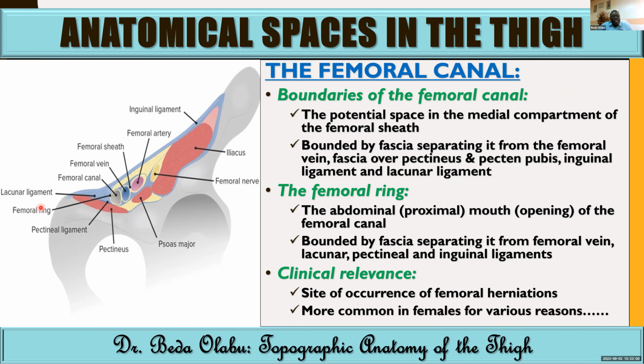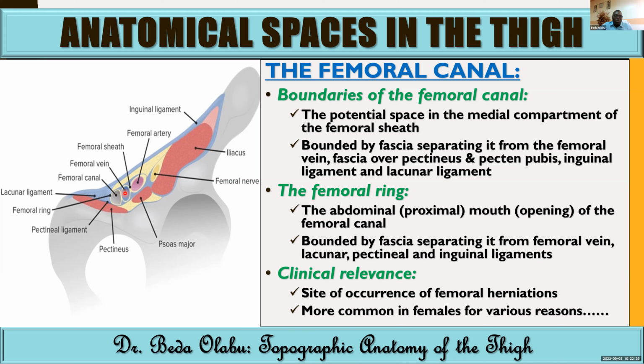Now, femoral hernias are more common in females than males. And there are two anatomical reasons for that. Others could be physiological, but let's focus on the anatomical reasons. So one of the anatomical reasons: if you are to have the sheath as a constant, then you put blood vessels inside that sheath.